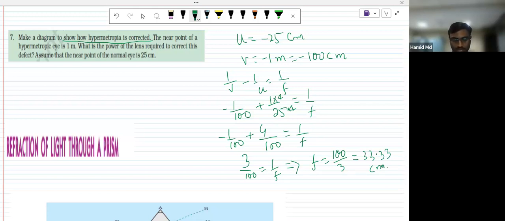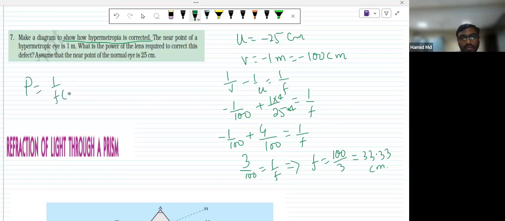Sir, now we will find the power. P is equal to 1 upon F. Therefore, P is equal to 1 upon 1/3, which is equal to 3D. 100/3 is in centimeter. So keep in mind, when we calculate the power, this is 1/F.